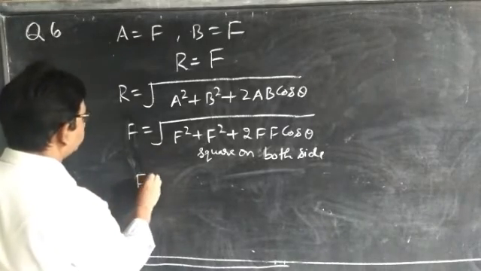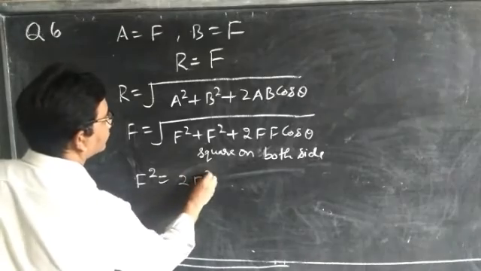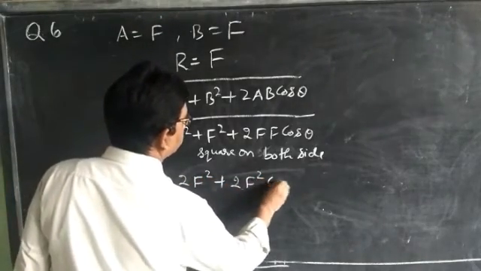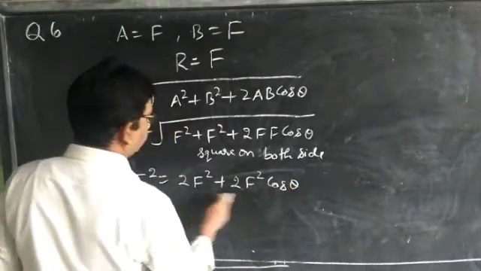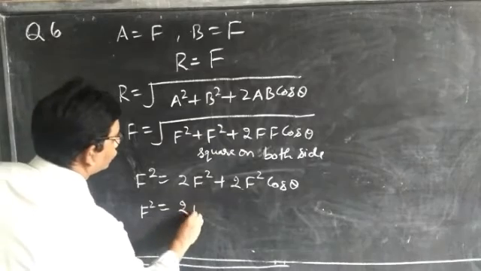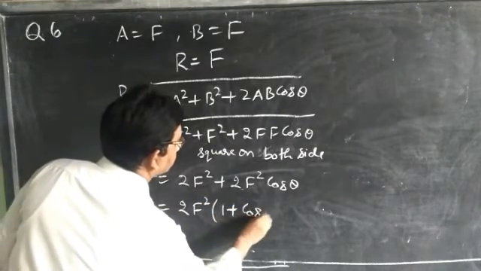F square is equal to F square plus F square plus 2F square cos theta. We will take common 2F square: F square is equal to 2F square times 1 plus cos theta.